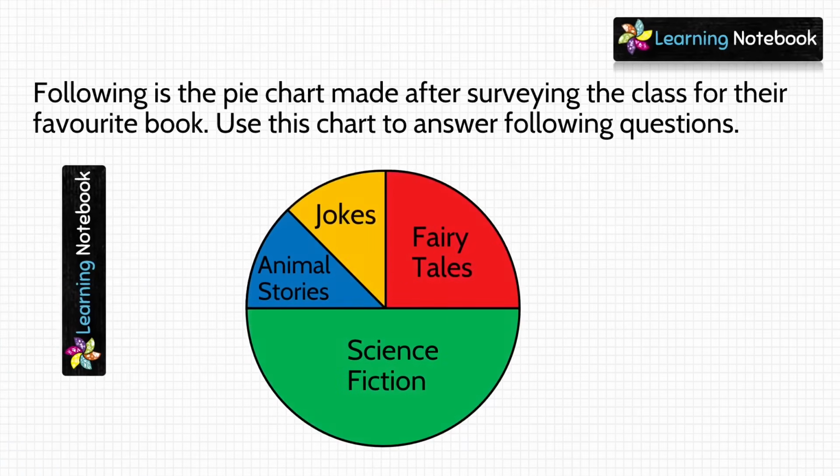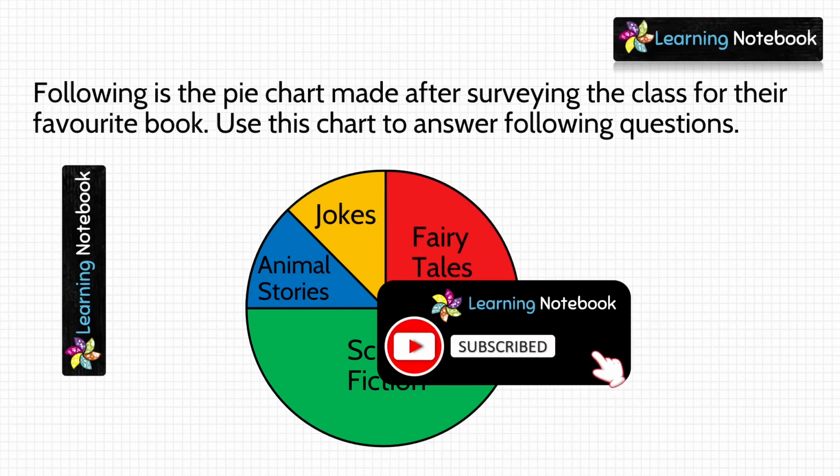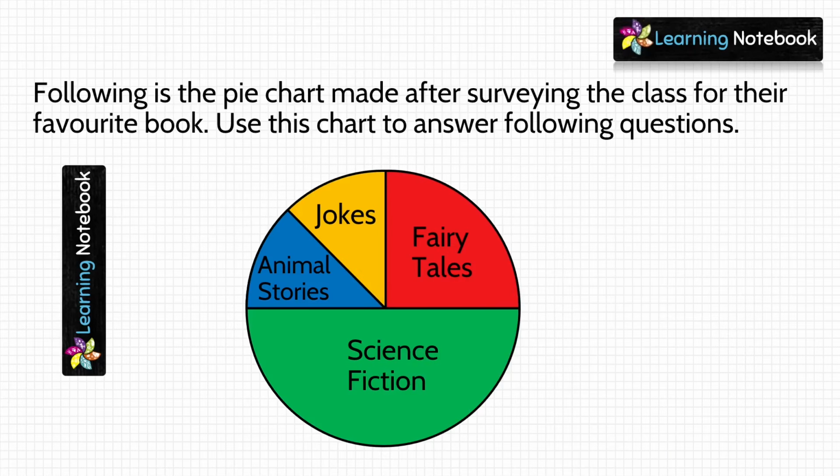Now, let's do one more question of pie chart. Here, following is the pie chart which is made after surveying the class for their favorite book. So use this chart to answer the given questions. So here students, this pie chart is depicting 4 types of favorite books of children of a class.